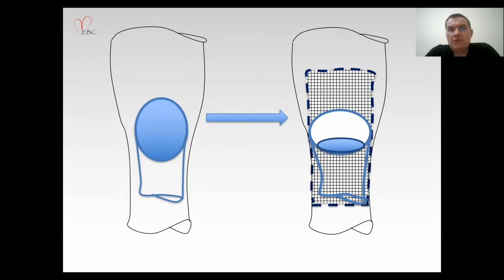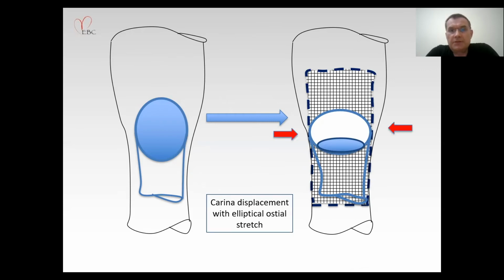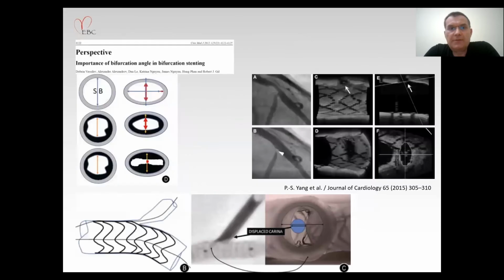When the stent is placed, there is a lateral stretch of the ostium of the side branch in the direction perpendicular to the plane of bifurcation. This is caused by carina shifting and by the deformation from the stent at the very ostium of the side branch.